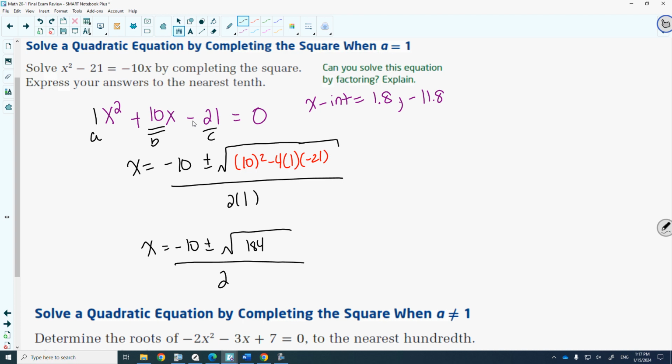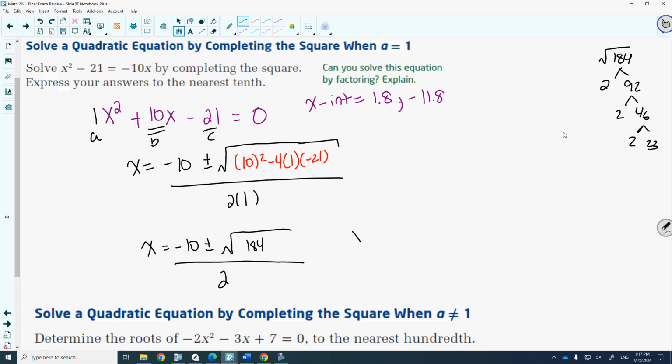Yep, you would, so let's actually reduce it. So just off to the side, 184 divided by 2 is 92, divided by 2 is 46, divided by 2 is 23, and is 23 prime? So we would stop.